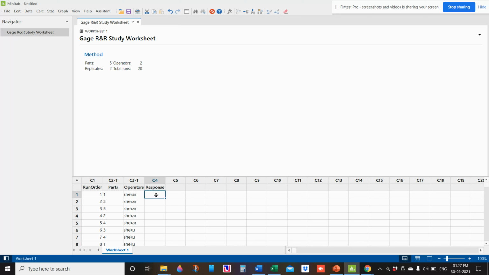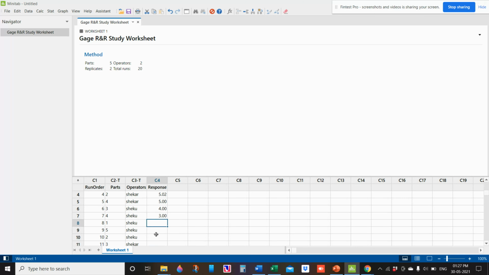The first reading is 4, then the second reading, third reading: 4.01, 4.02, then 5, 4, 3, and so on. Then 4, 4.01, 5, 5.02, 4, 4.03, 5, 5.03, 4, 4.01, 0.02, 5, 4.03. So I put in some random data.